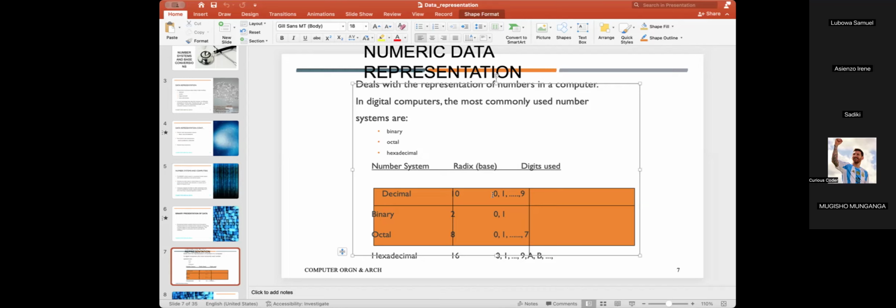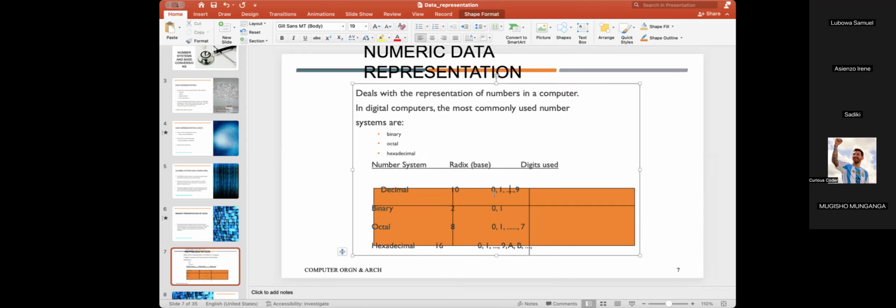If you can see my highlight, these numbers, if you write from 0, then 1, 2, 3, 4, 5, 6, 7, 8, and 9, when you count them, they are 10 numbers because we started from 0.